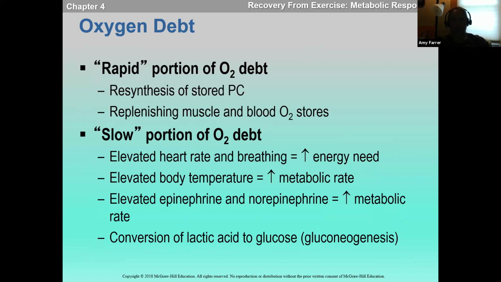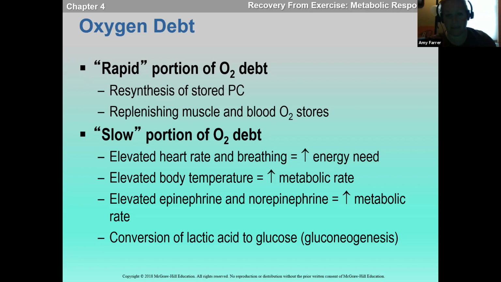Initially, that rapid portion of the oxygen debt is going to be to resynthesize our stores of PC. We want to replenish our muscle and our blood O2 stores. The rest of that debt that we're paying back, that slower portion, the one that lasts a little longer, is because we still have increased needs of energy. Our heart rate is still up.